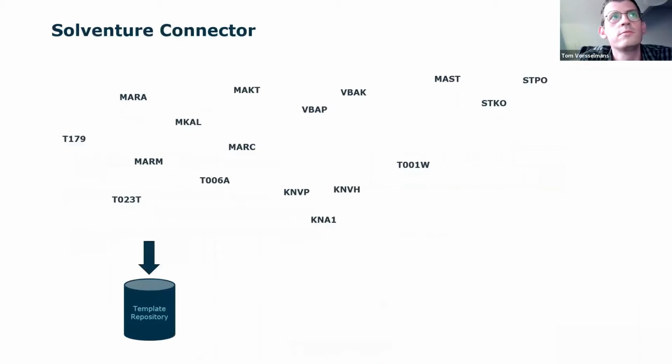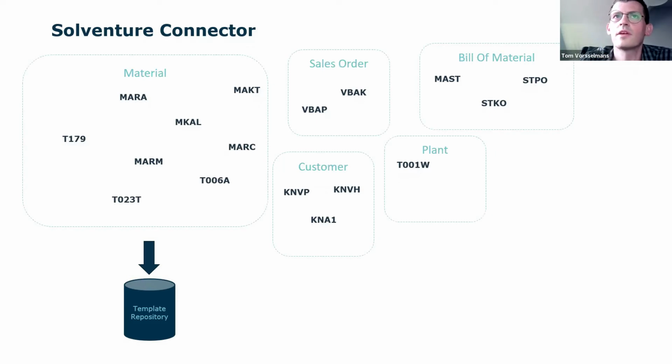Here you see an overview of some of the tables we need in almost every setup. It's not very readable, but we said, let's capture that metadata and store it in the repository. This is not the language we often talk, so we said, let's group them together in functional groups, because we talk about bill of materials, sales orders, materials.